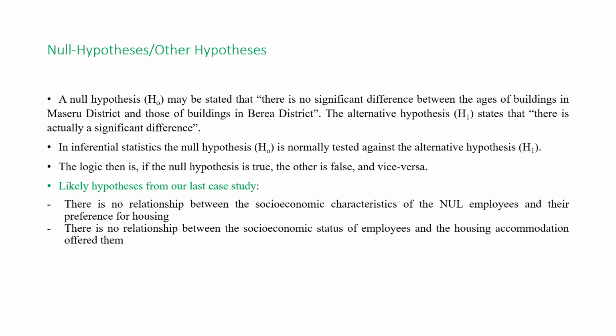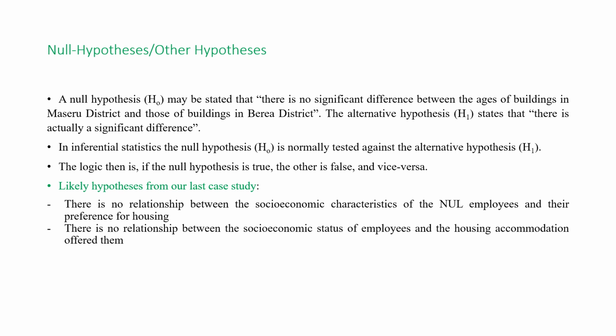Whereas a junior staff or someone whose status on the campus is not quite as high may be comfortable with just a room or a room and parlor self-contained. So what we are saying is that, based on what we already know, your socioeconomic status tends to determine the type of accommodation that you request. That's what informs that type of hypothesis.